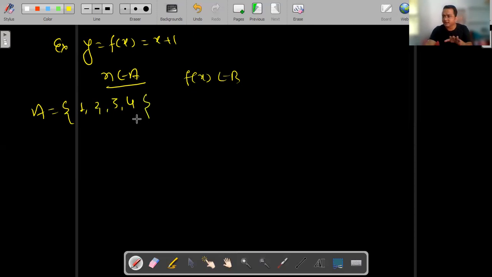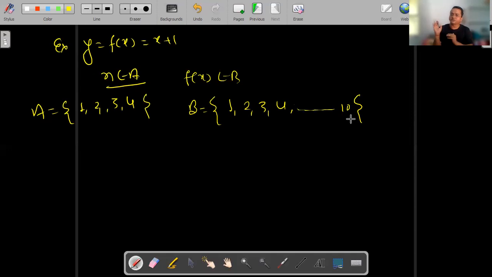These are the elements in the set A. Then after, set B. These are the elements of set B. Now you have to draw this arrow diagram. So how can we draw? See here.